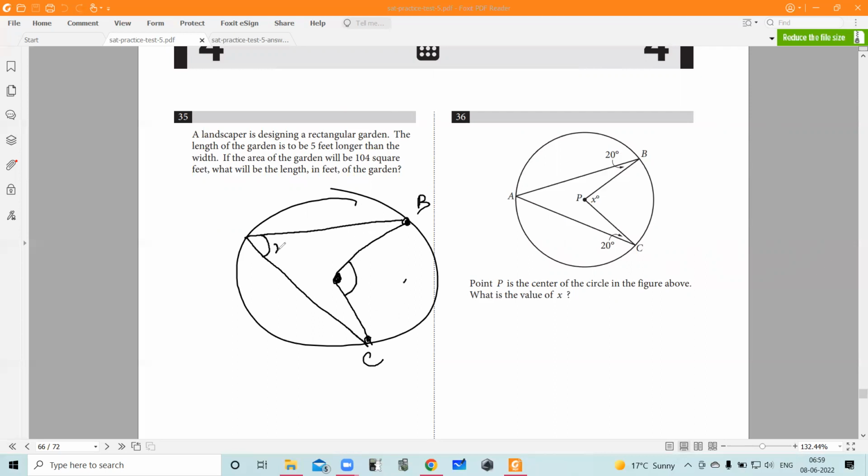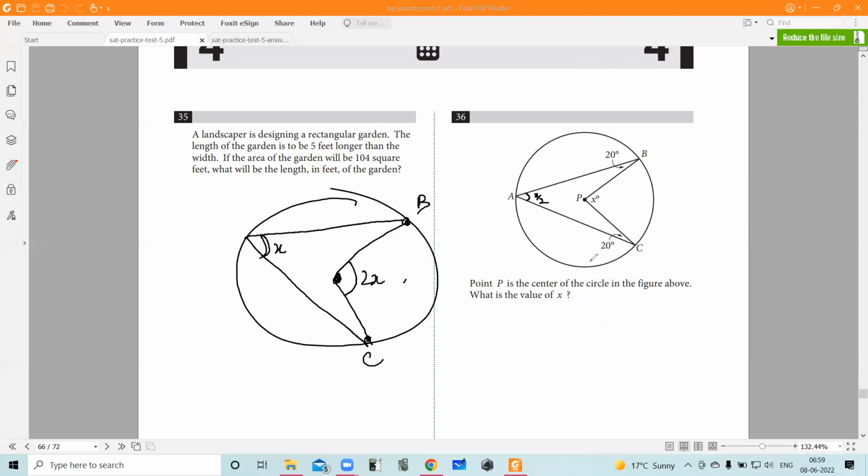If this is x, this will be always twice x. Because the middle one will always be bigger than the circumference one. So this is one thing which we need to know. So how much would be this in terms of x? 1/2 x, exactly, x over 2.